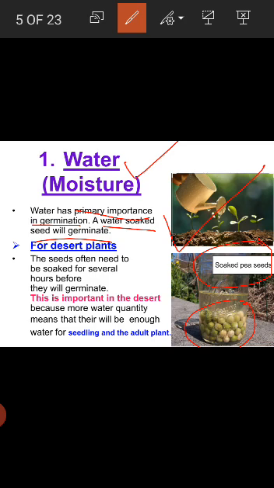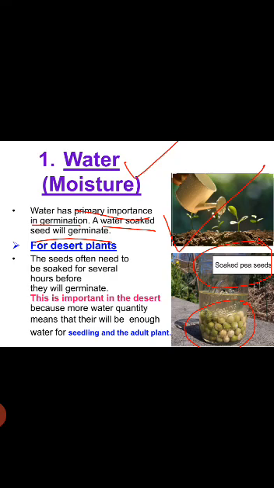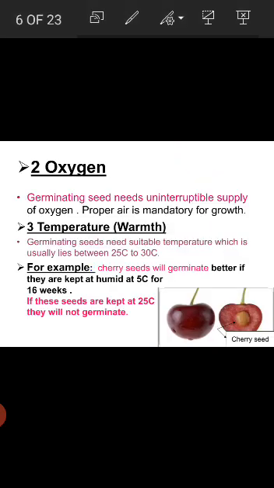Soaking is beneficial for pea seed as well as other seed having a thick hard coat or covering. So in this way enough water penetrates into the seed, and the second one is germination time will be reduced.